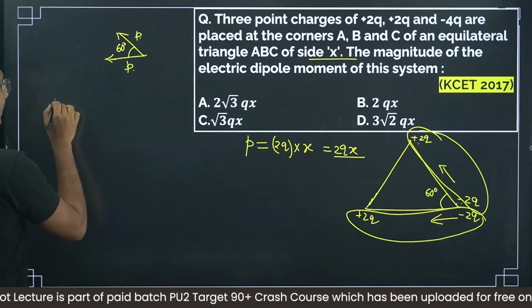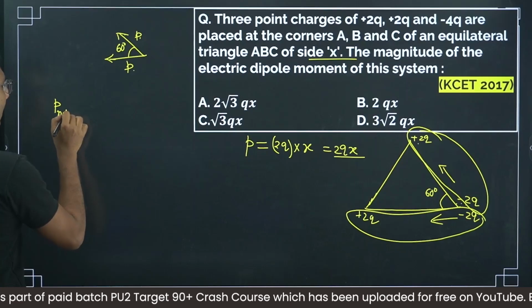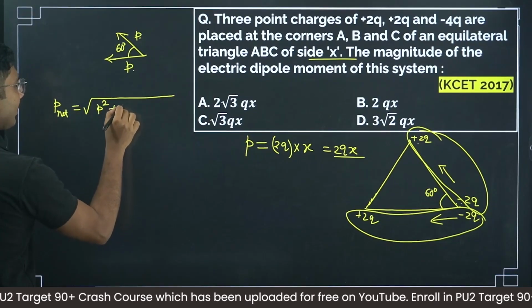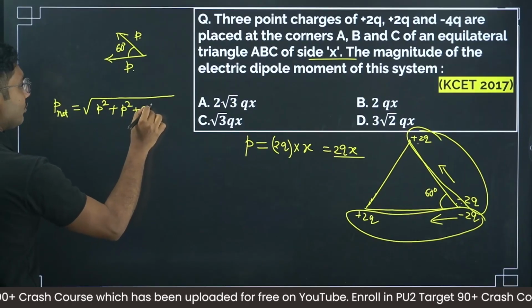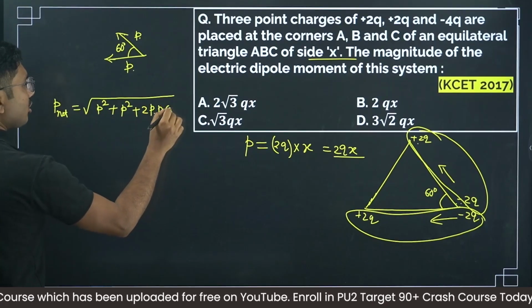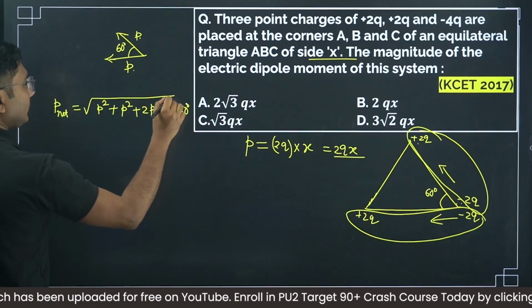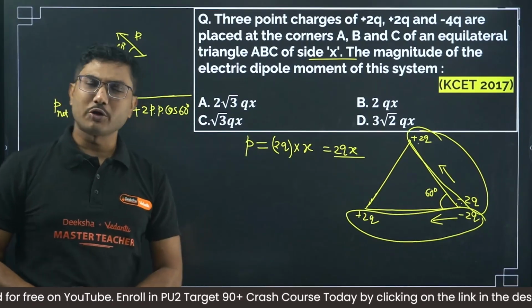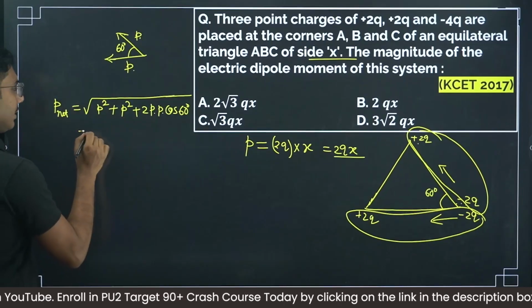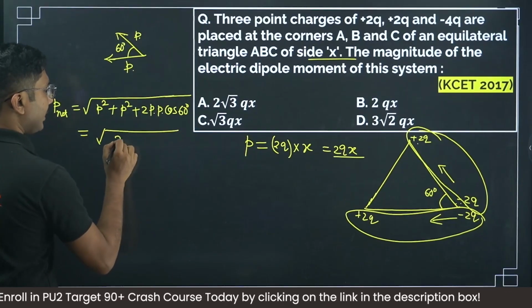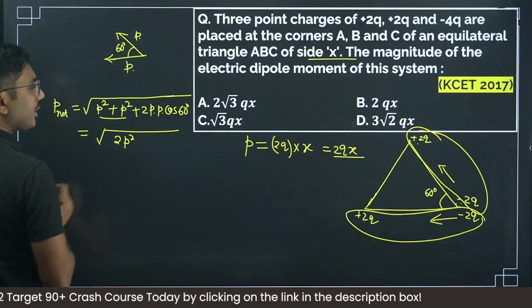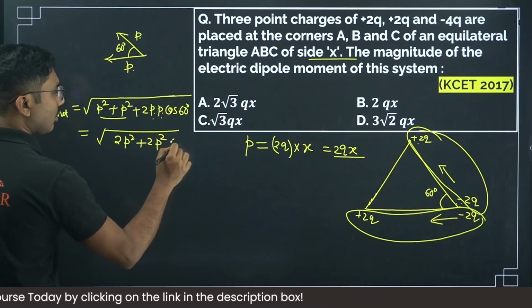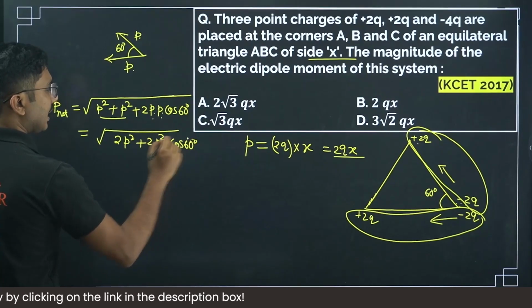The net dipole moment can be written as square root of a square plus b square plus 2ab cos theta. This is the basic formula of vector addition. Here instead of a and b, we have both of them as p. So now simplify: p square plus p square plus 2p square cos 60 degrees.